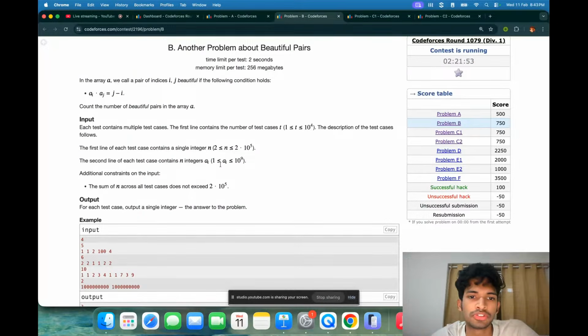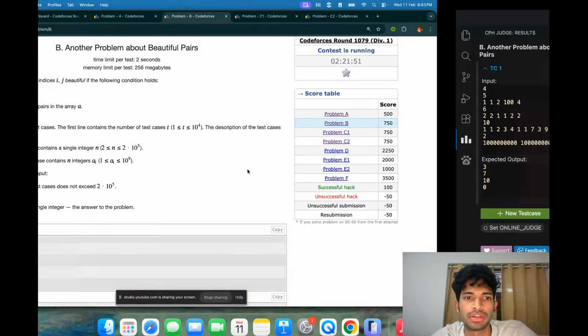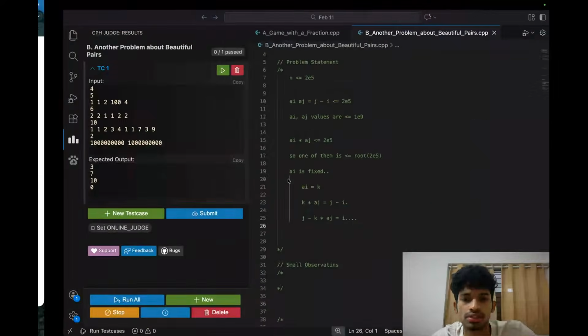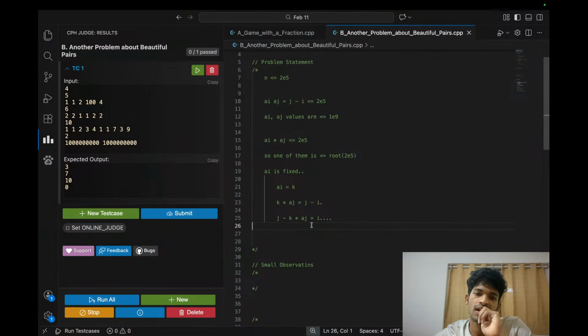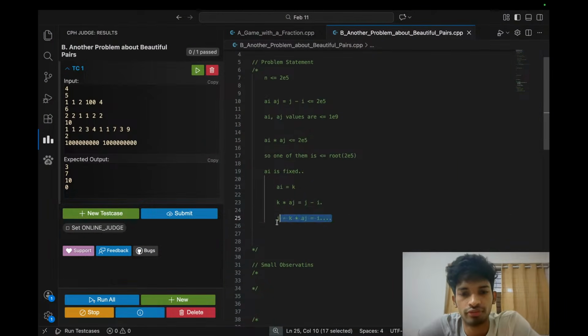Both the values should be less than or equal to 2e5. You just want to count these things for some i.